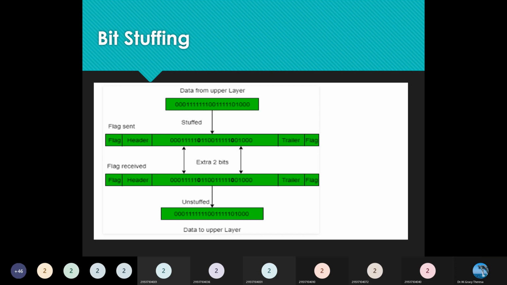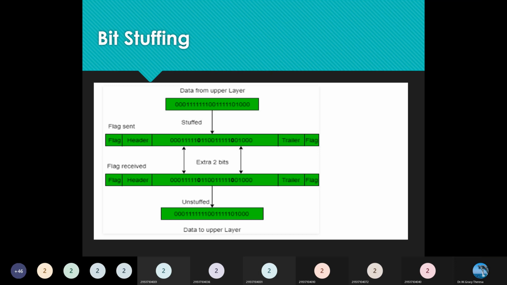Okay, so there is a need to separate one frame from another frame. For that we use what is called a header and trailer. Here in bit stuffing, the header or the trailer is nothing but an 8-bit pattern flag.